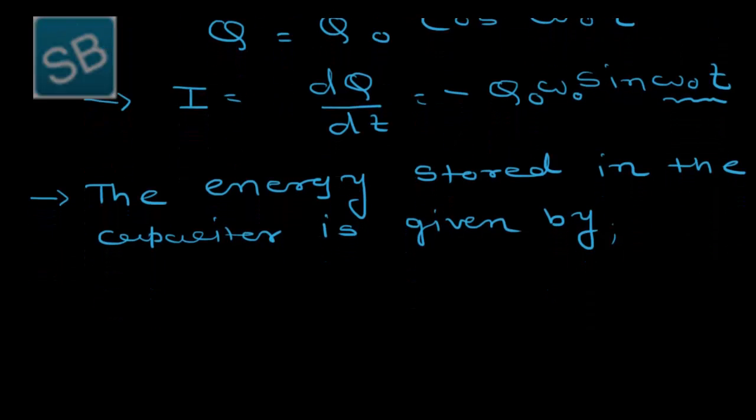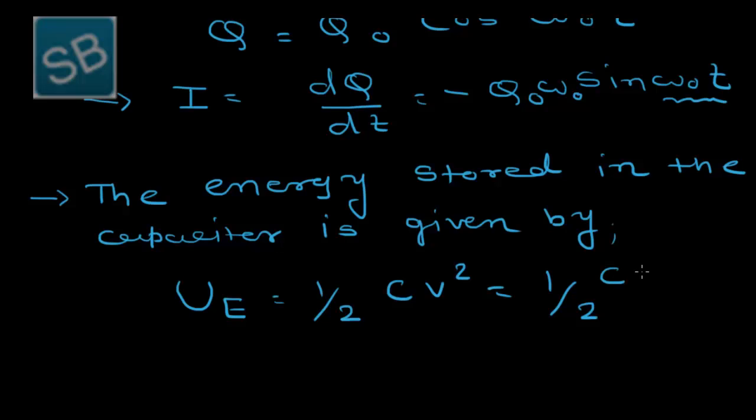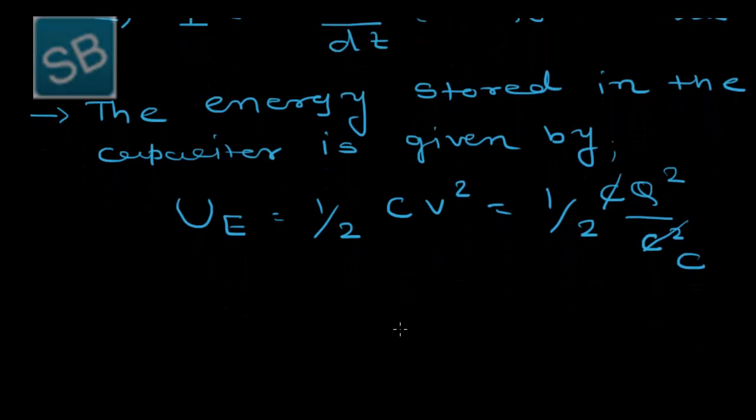That is potential energy, and the potential energy UE is equal to 1 by 2 CV square, and the value of V is related to the total charge Q by the relation Q by C. So here I am substituting V as Q over C, so this square will come, and the C in the numerator and the denominator will be cancelled.